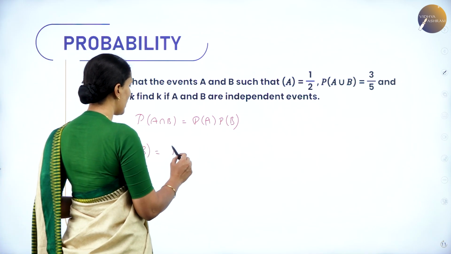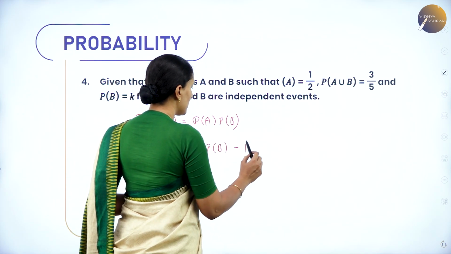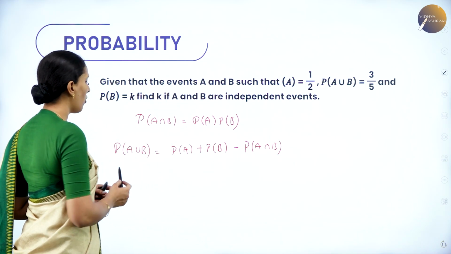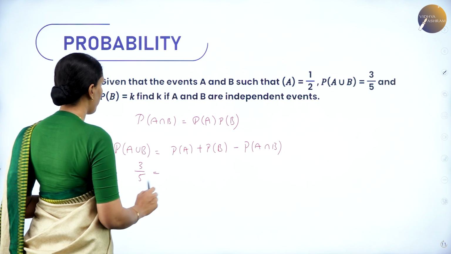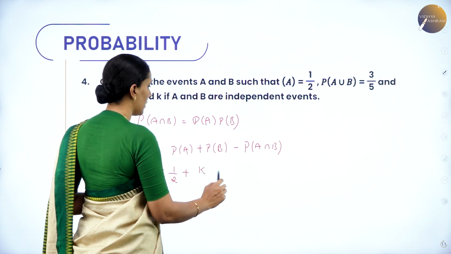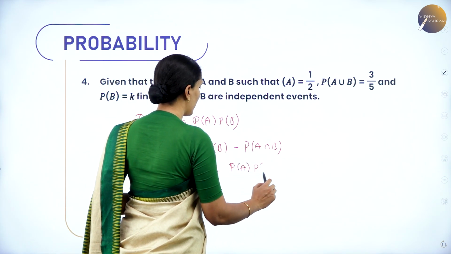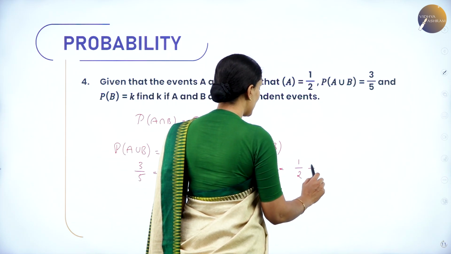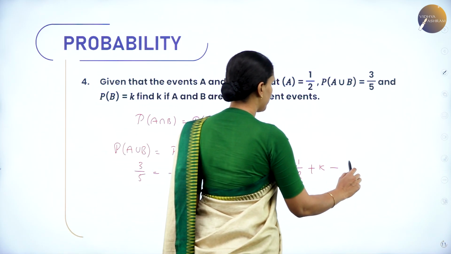So this can be written as P of A plus P of B minus P of A intersection B. And here P of A union B is nothing but 3 by 5. So P of A is 1 by 2, P of B is K, and P of A intersection B can be written as P of A into P of B. So here this can be written as 1 by 2 plus K minus 1 by 2 into K.